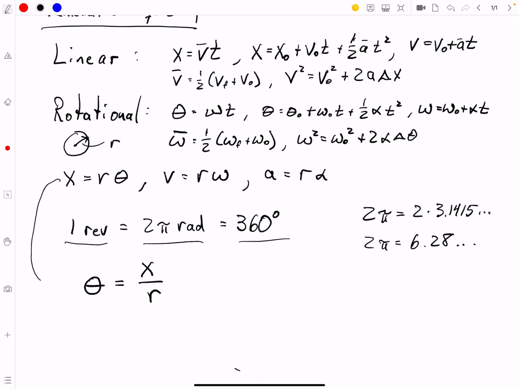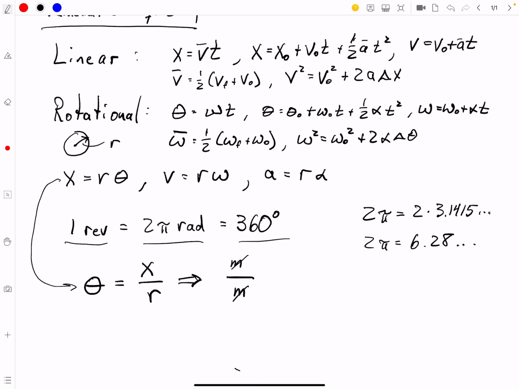I'm just taking this equation right there and solving for theta. Unit-wise, x is distance in meters and r is distance in meters. So meters are canceling out. What are your units at that point?